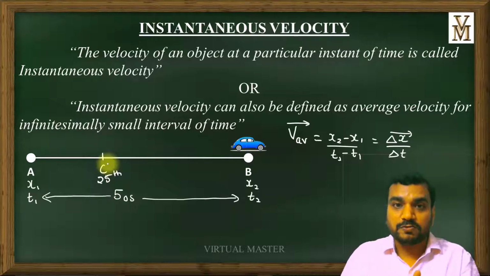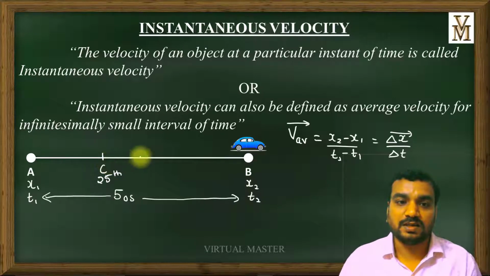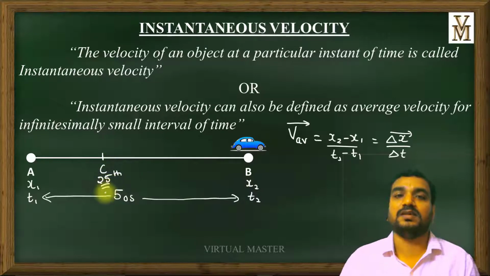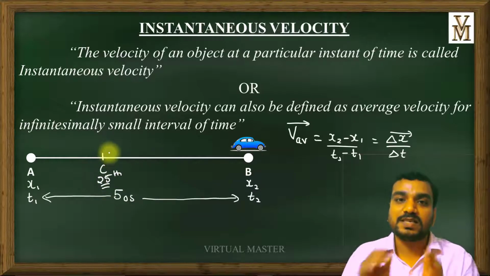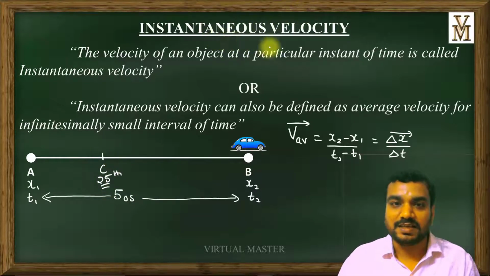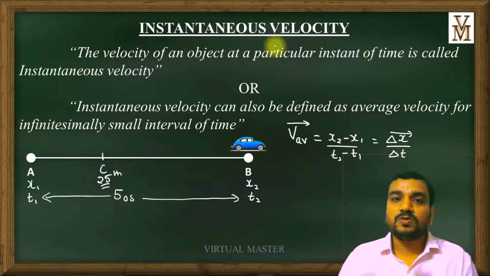Now if you are going to find the velocity of the car at the 25th second, then this velocity is nothing but the instantaneous velocity. What is instantaneous velocity? Instantaneous velocity is nothing but the velocity of a particle at a particular instant of time. Now how to find the instantaneous velocity?